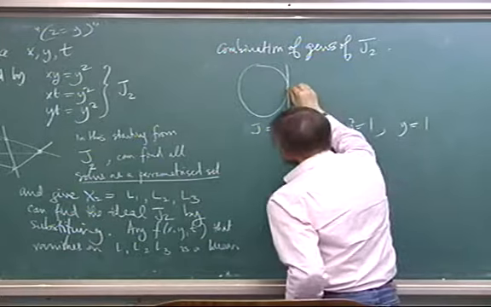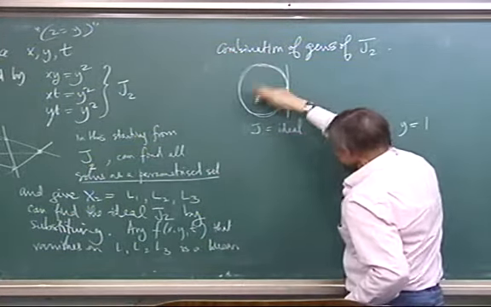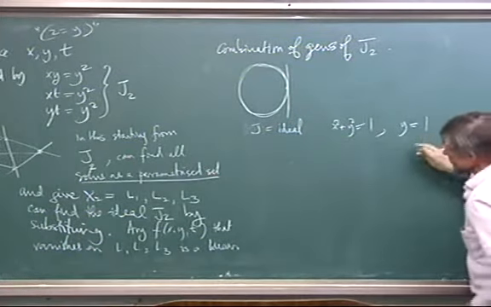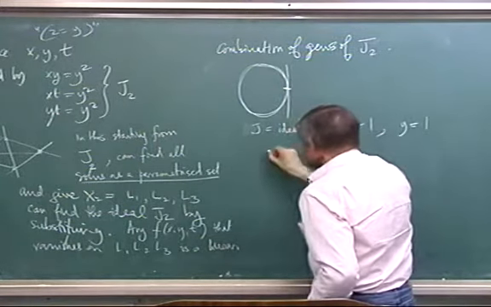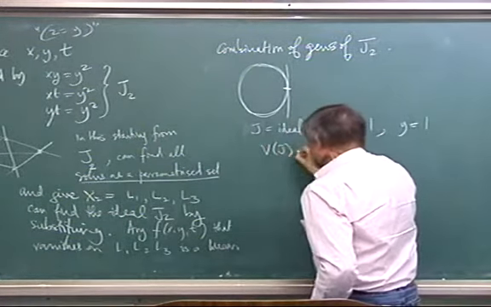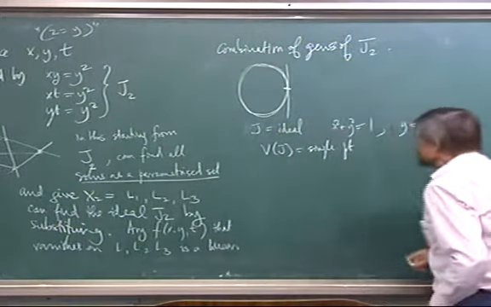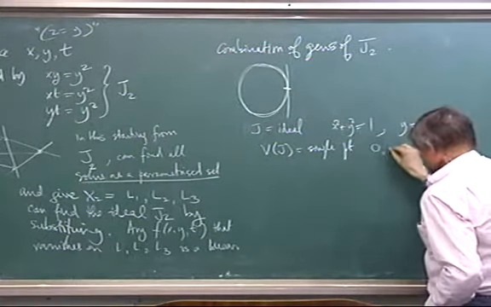I'm saying let's take the intersection of this curve, the ordinary circle, and this straight line given by y equals 1. Then you can see very well that V of J is a single point, x equals 0, y equals 1.